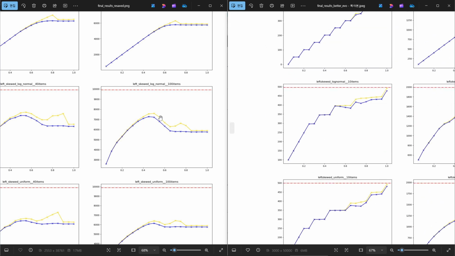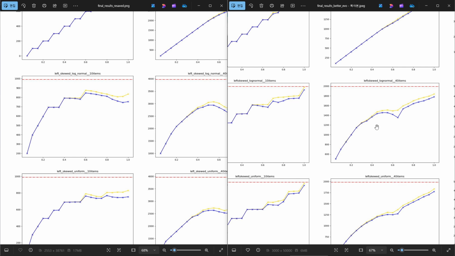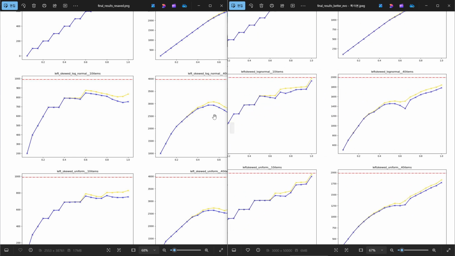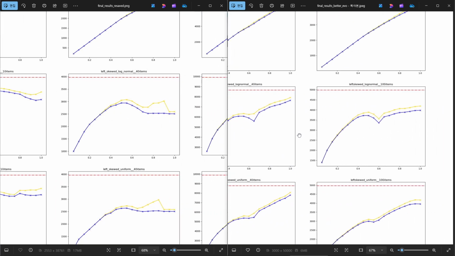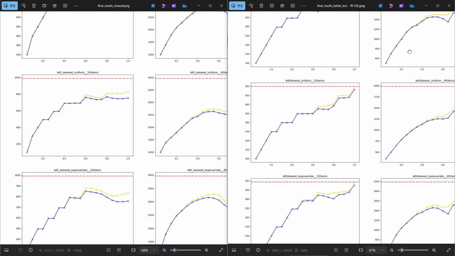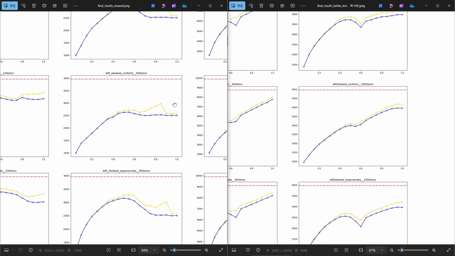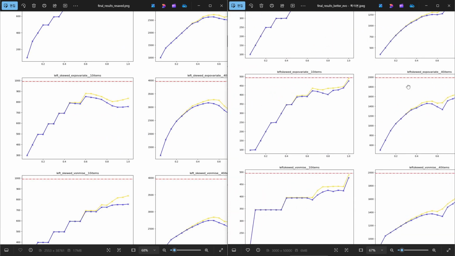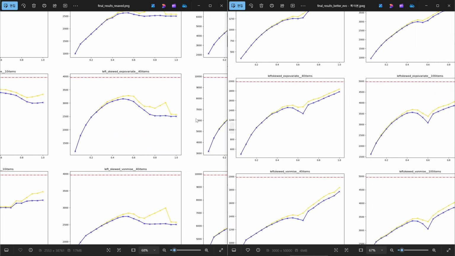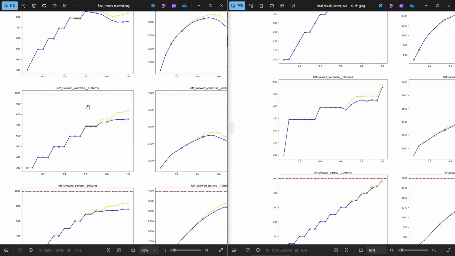Low normal, yep. Left skewed, low normal. 40 items, 100 items, yep, improved. Left skewed uniform. Improved. Improved, yes.